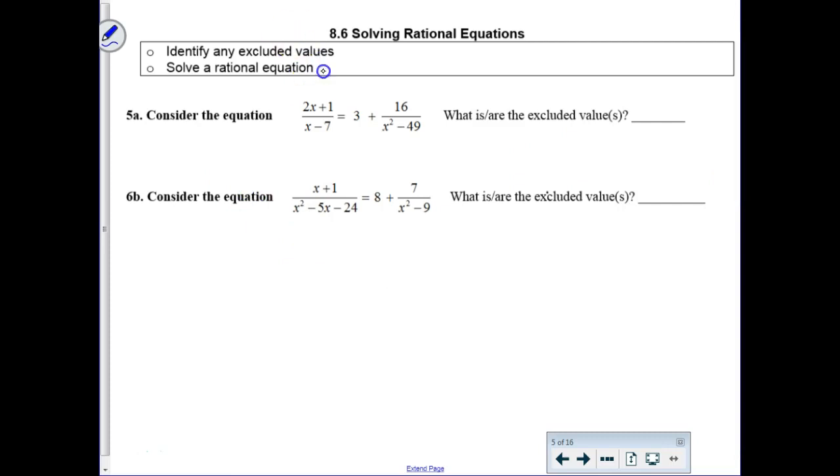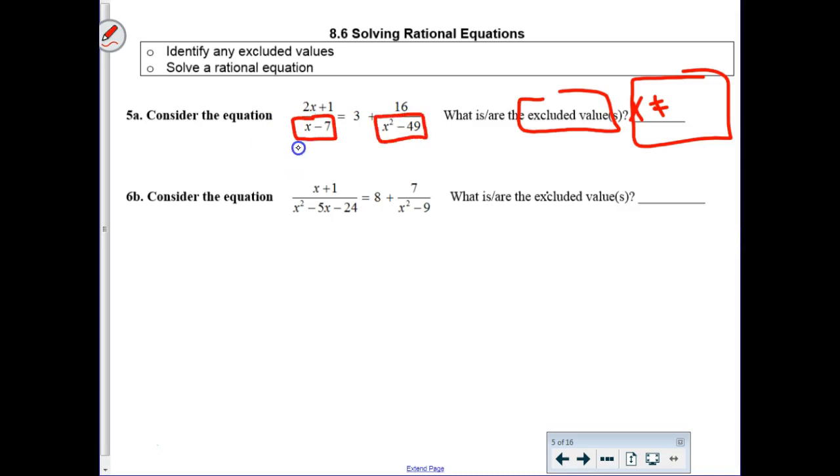All right, this section is the solving. This is the one where we are eventually going to be solving the rational equations, but the first task I have for you is that I need you to determine what the excluded values are. These are the things where you say x can't be, and then whatever the answers are. So you look at your denominators, and we remember that my denominator cannot come out to 0. If you're struggling with this skill, you're going to say x plus 7 cannot be 0, like literally solve it or set it up.